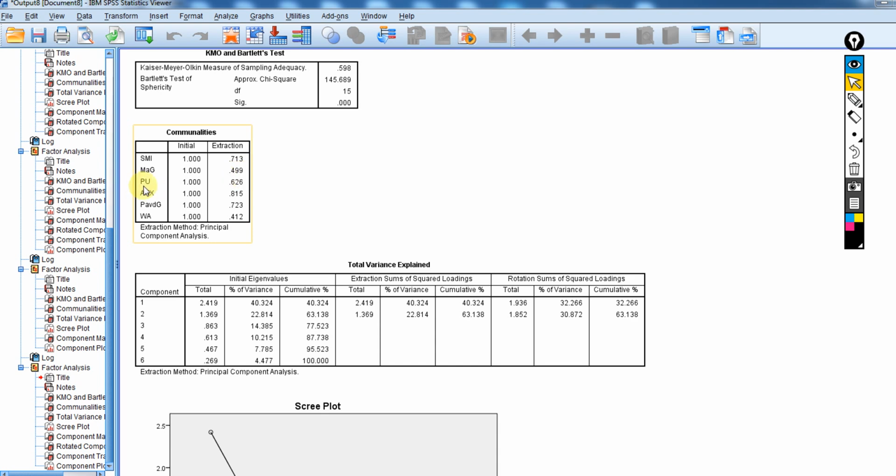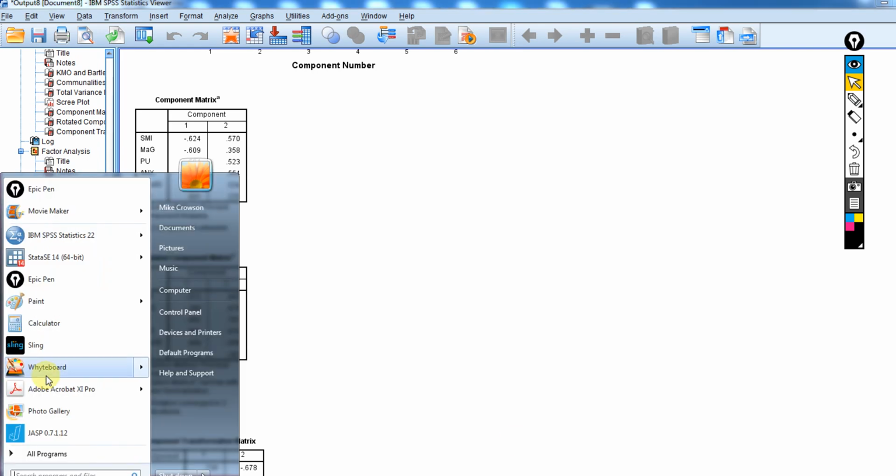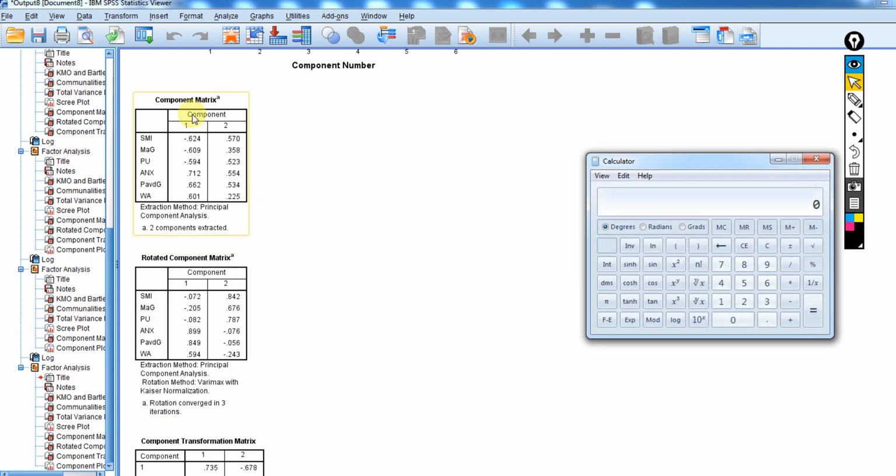And in fact, if we go down to our matrices right here, remember that our component matrix and rotated matrix, this is pre and post rotation, but keep in mind that they are orthogonal, meaning that the components themselves are uncorrelated with each other.